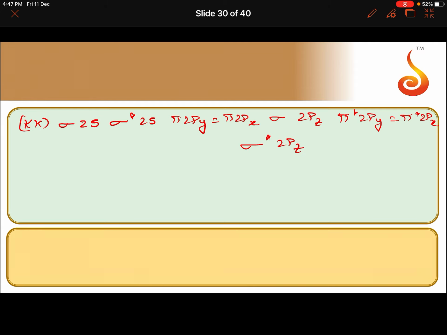So, in case of nitrogen, how many electrons I should fill? If I am ignoring 1s orbitals, 5 plus 5, 10 electrons I need to fill. So, 2, 2, 2, 2 and 2.